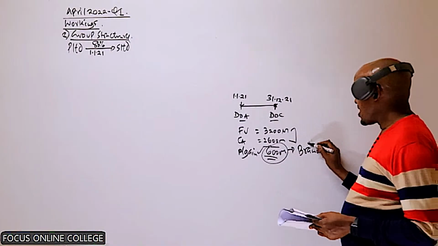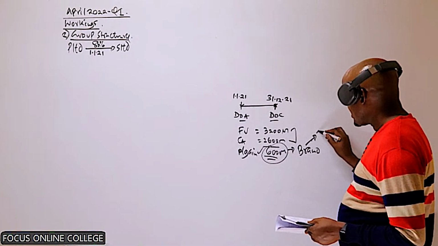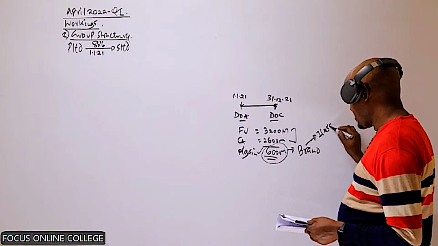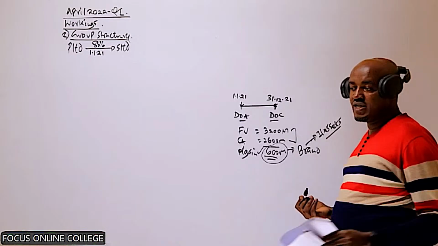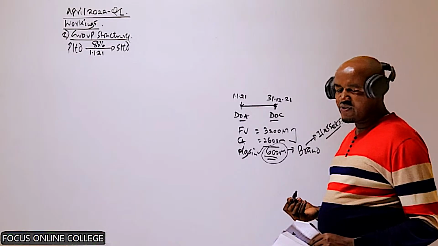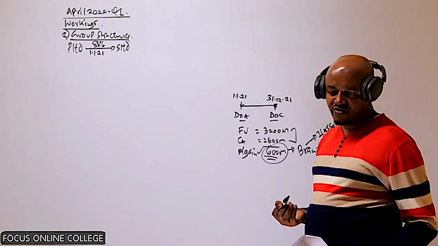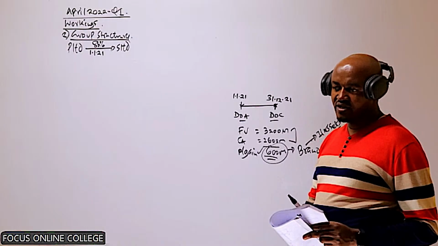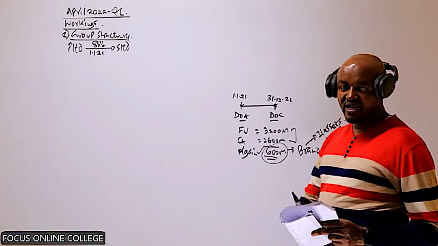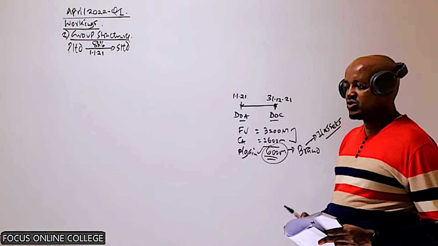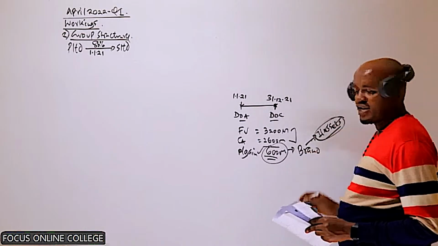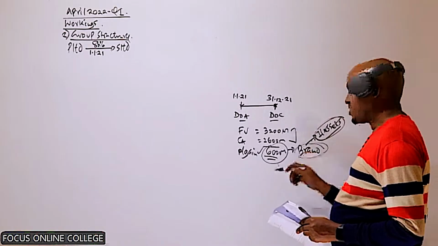In other terms, this is a form of an intangible asset. Just like the other question we did, whereby there was a list of customers which was not yet recognized, and we said that list of customers should be recognized as an intangible asset. The same case with this particular brand.